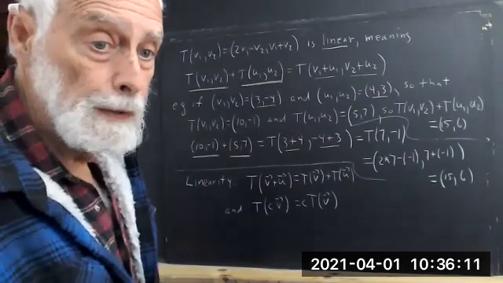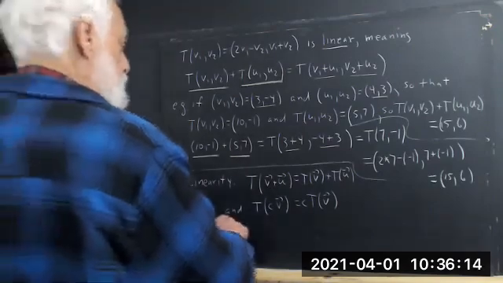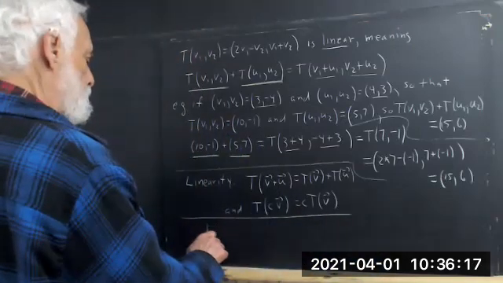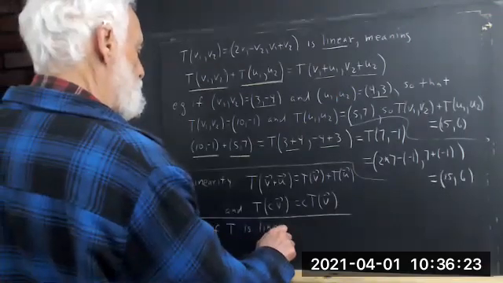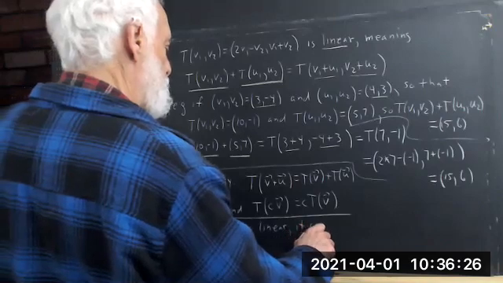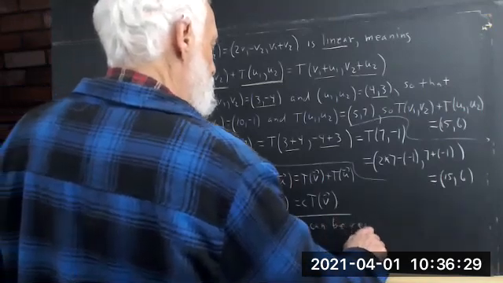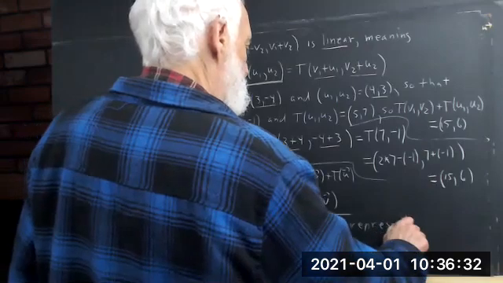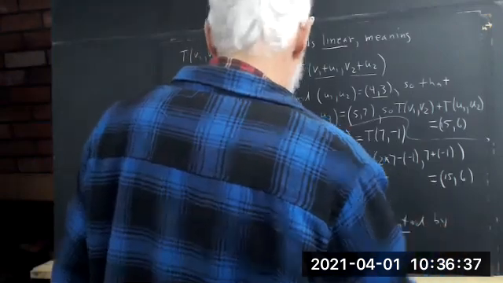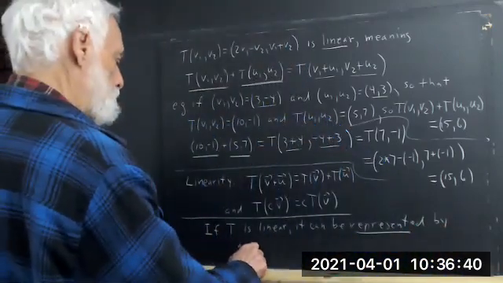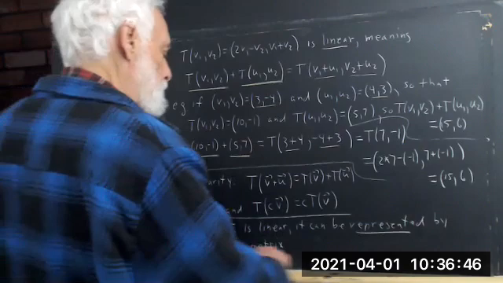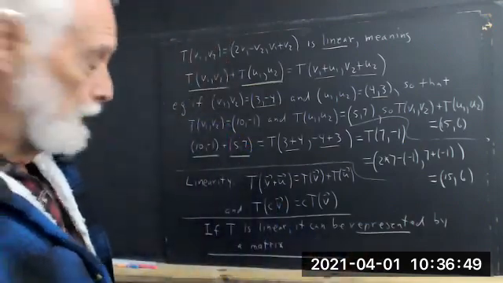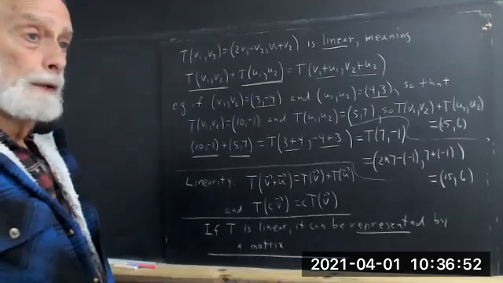If the transformation is linear, it can be represented by a matrix in a way that I've already pretty much demonstrated.